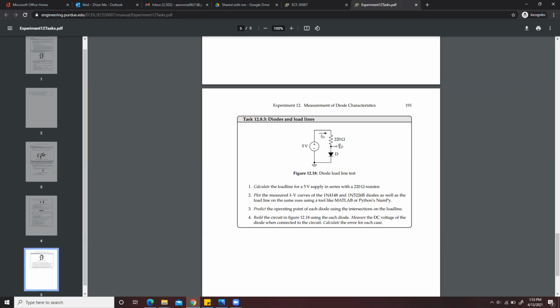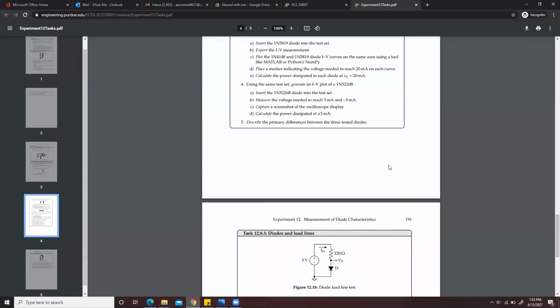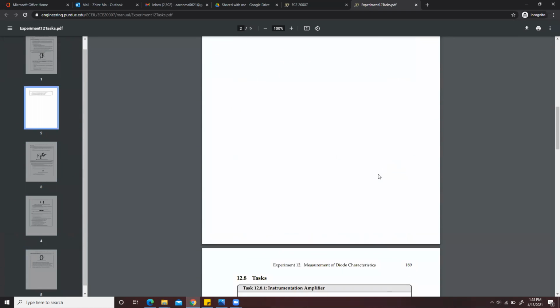You measure the VD here, and you compare this VD with the VD from the plot to see the difference. They should be close together. All right, I think that's all for the tasks for Lab 12. Just let me know if you have any questions.